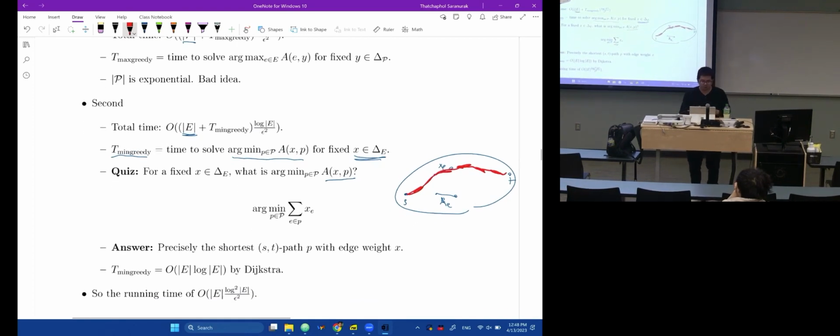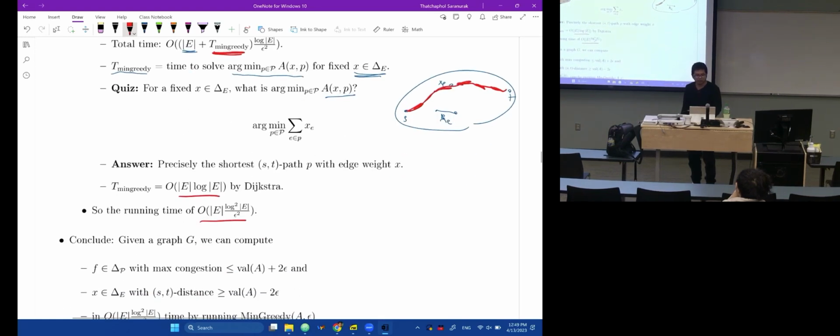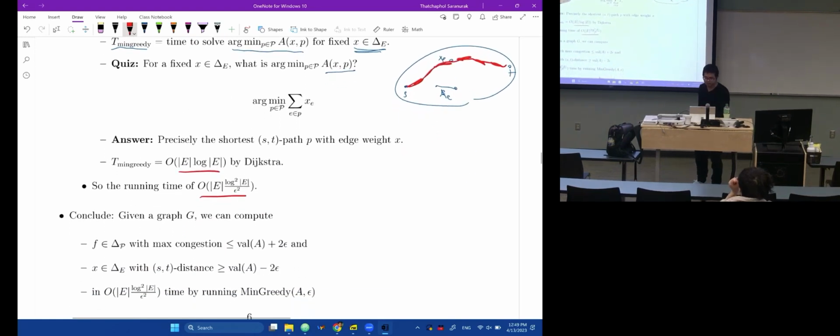So the running time to solve this game is just e log e. So the total time is just linear times some log factors. And so let me conclude a bit. What do we get so far? Given the graph, you can get a flow with almost minimum congestion, that is, the maximum congestion is at most the best one plus something.